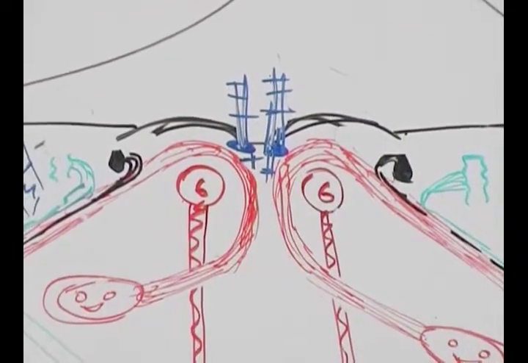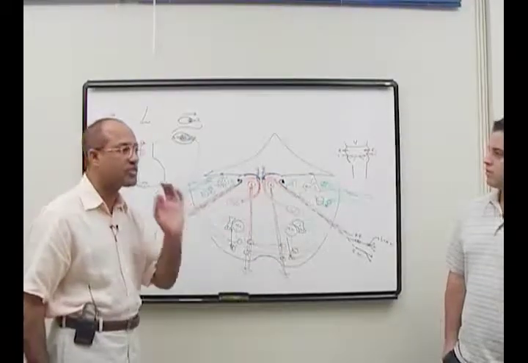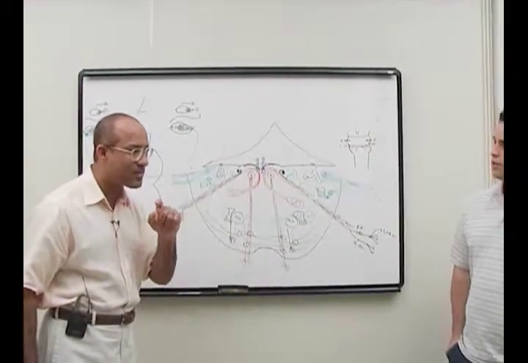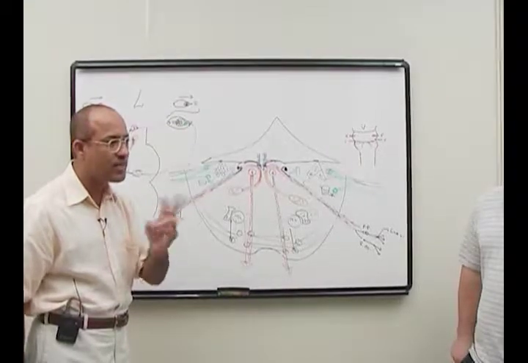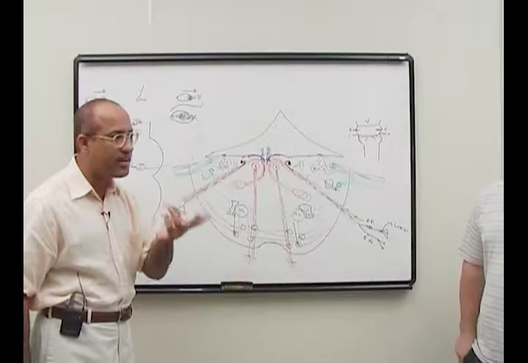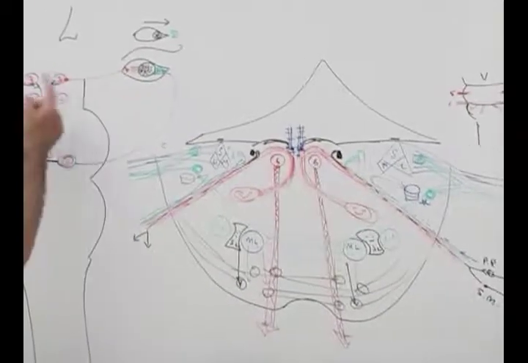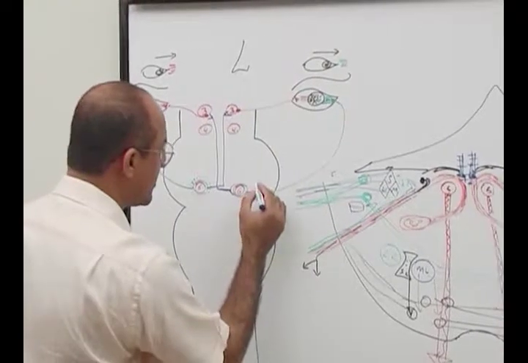They never knew what it was doing previously. Now they know that the medial longitudinal fasciculus is concerned with the coordination of different motor nuclei in the brainstem, especially coordinating third, fourth, sixth with the vestibular apparatus.